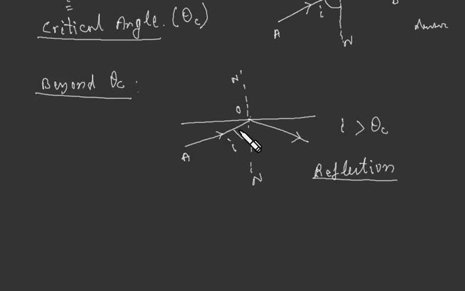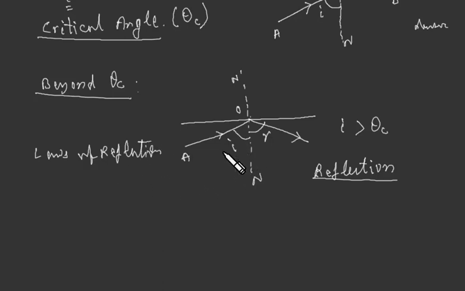The reflection of light occurs at the surface of separation between the two media when the angle of incidence is more than the critical angle. Alright. But how will it get reflected? Of course, when the light gets reflected, it must follow the laws of reflection.